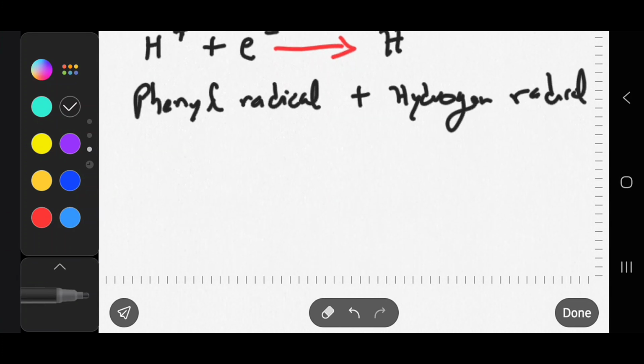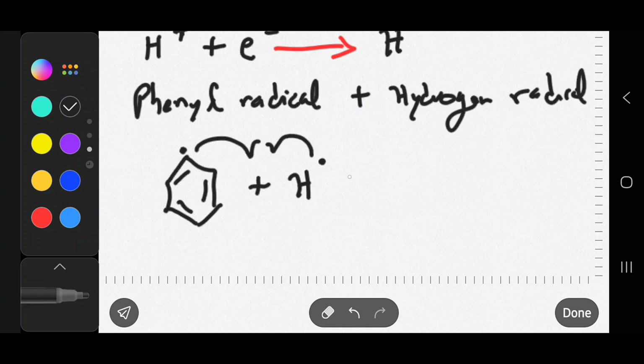What does that mean? Phenyl radical, this is it, reacting with the hydrogen radical that has been generated. So they're going to react.